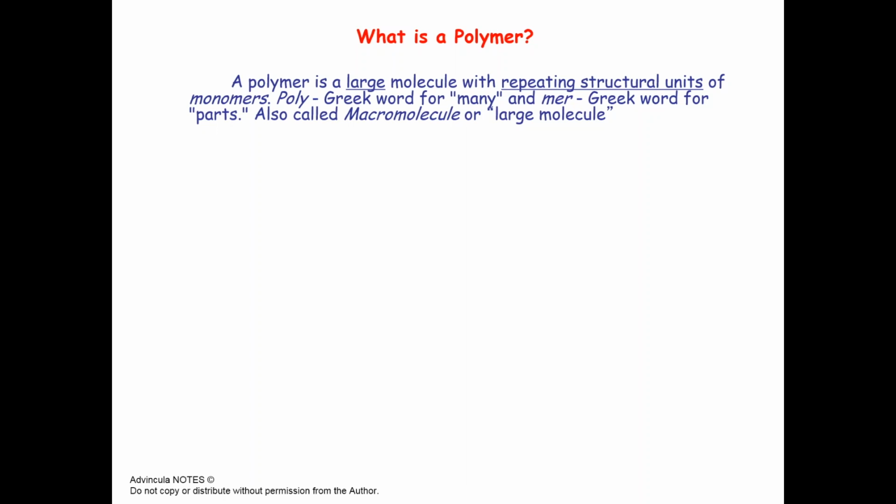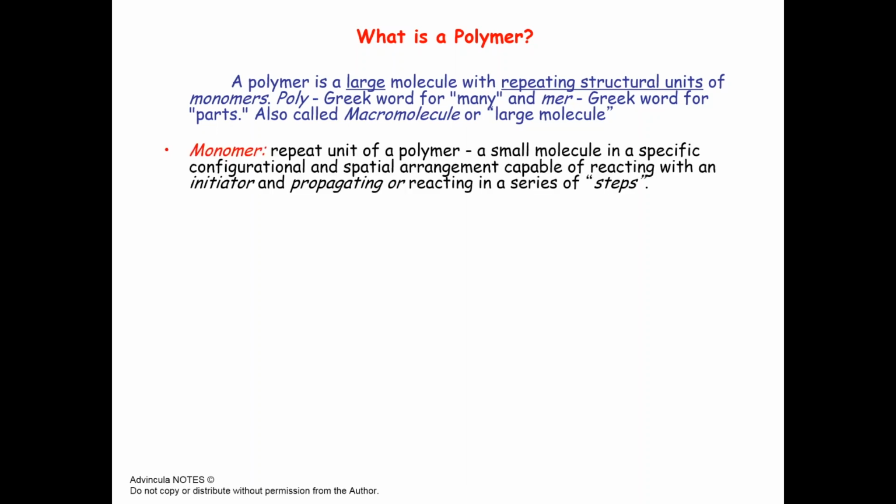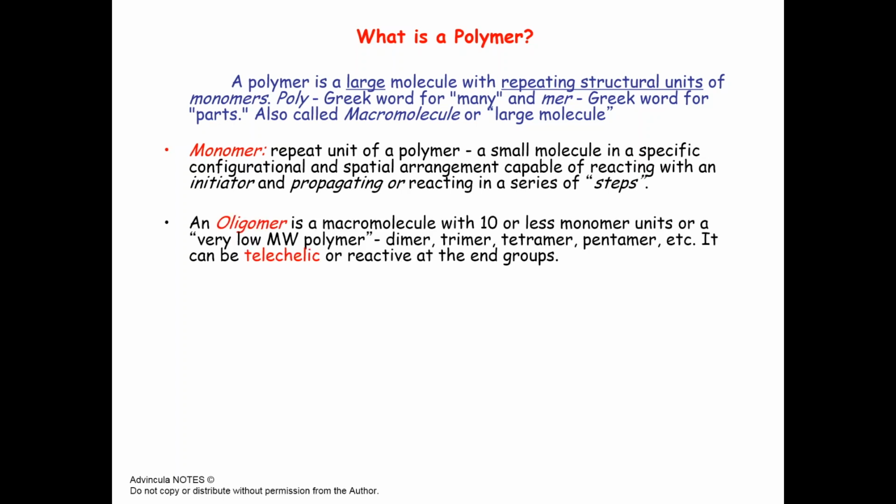So polymer means many parts. A monomer, therefore, is the basic ingredient for a polymer. A monomer is essentially a repeat unit or a small molecule that can be polymerized to form the large molecule, and this can undergo either initiation, propagation, or a series of step growth reactions.